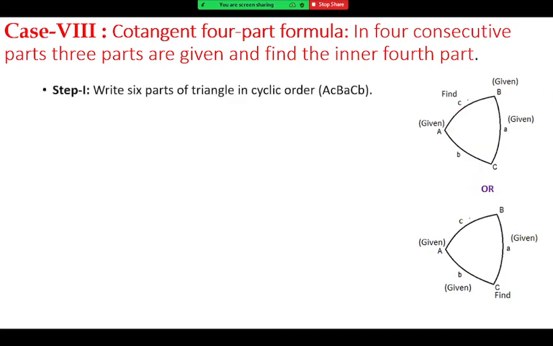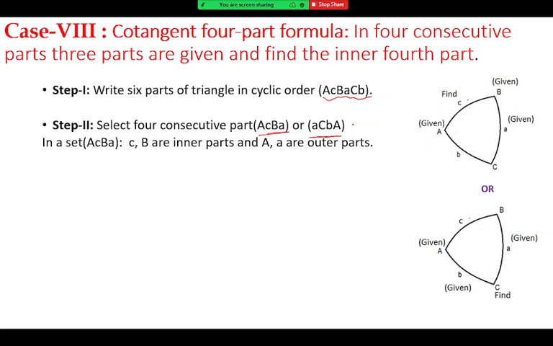First, write all 6 triangle parts in cyclic order. So this will be the order, and out of this, suppose in any 4 consecutive parts, say this one or this one, a few components are given like C, B, and so on. We already discussed case 1.